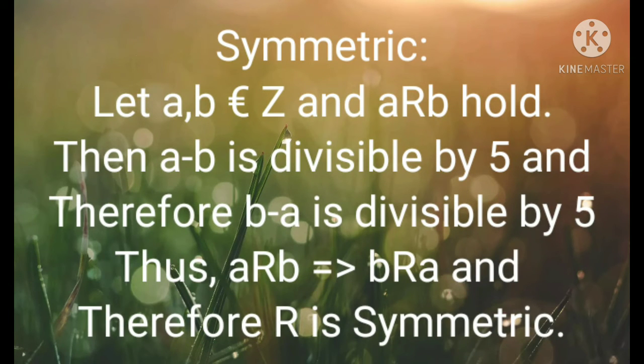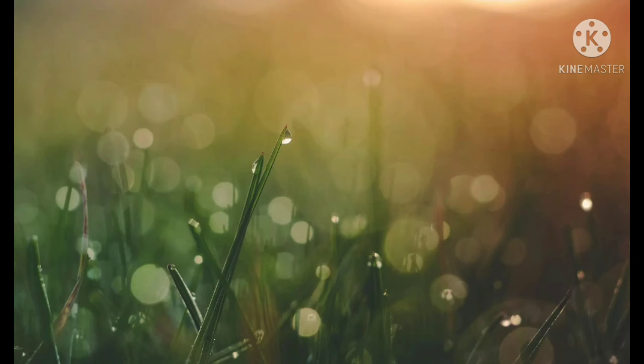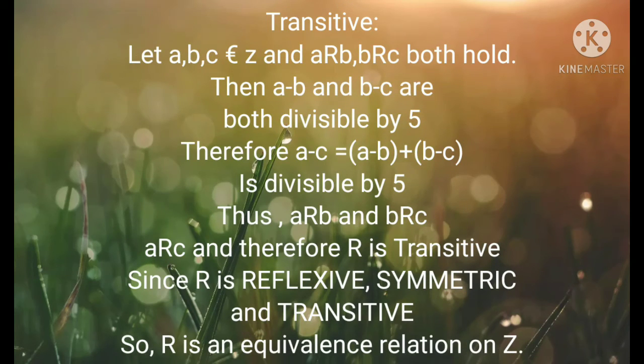Symmetric. Let a and b belong to Z, and a R b hold. Then a minus b is divisible by 5, and therefore b minus a is divisible by 5. Thus, a R b implies b R a, and therefore R is symmetric. Transitive. Let a, b, and c belong to Z, and a R b and b R c both hold.